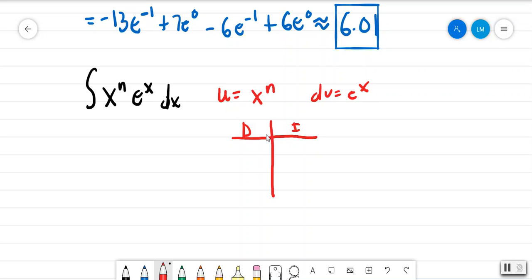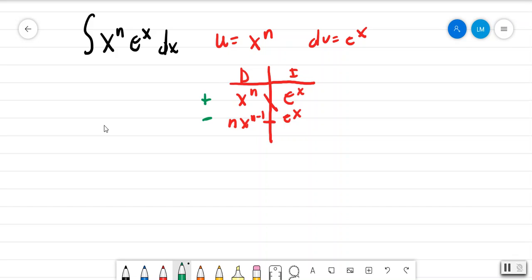The integral will be based on a formula. You have n x to the n minus 1, and then e to the x, and then e to the x. Now this formula is just accounting for the first layer, because the whole process is iterative, which means that you just do it over and over again.